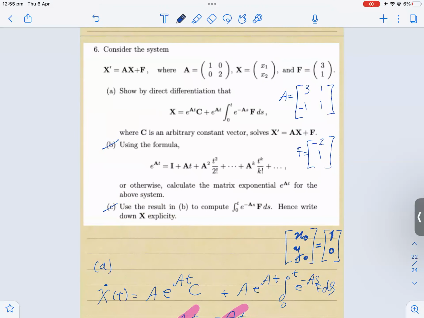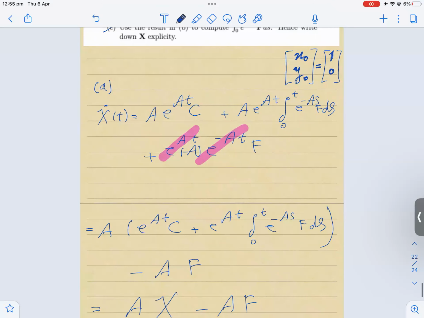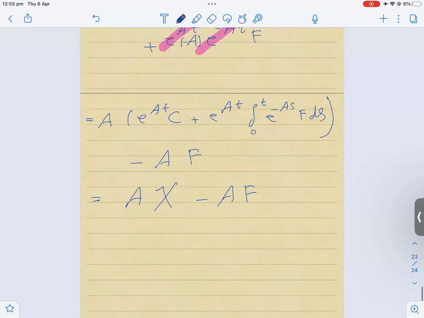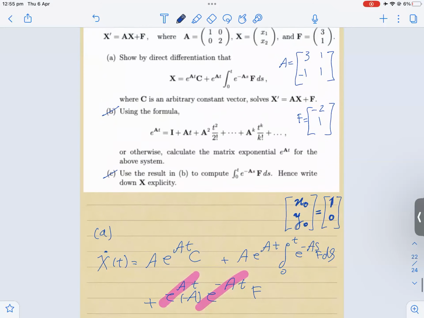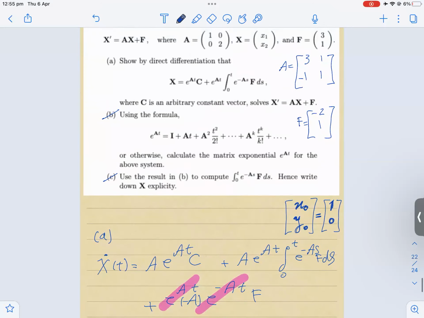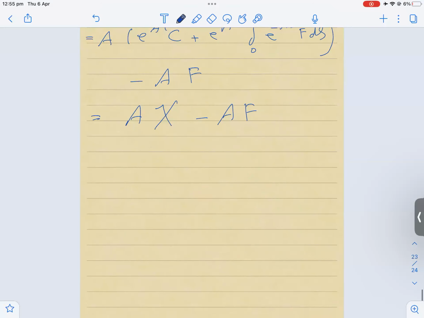This is the right hand side. So if I substitute x prime, x prime is A x minus f.